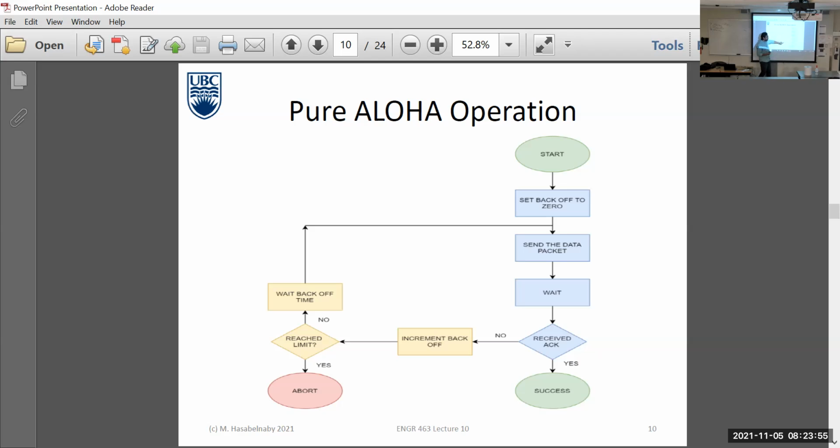At collision, increment backoff. The value of backoff is 1. Wait a random time, send data. Okay, collision, increment backoff, it is 2. This is your second try. And at each time we check whether we reached the limit of the number of retransmissions or not.